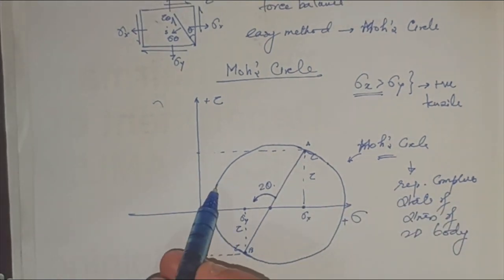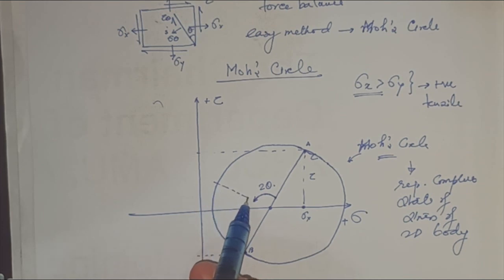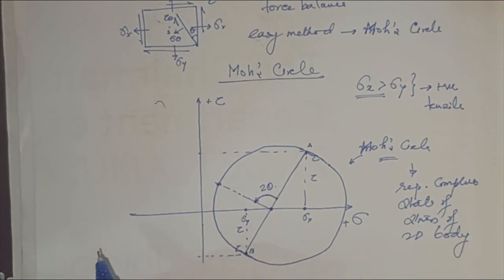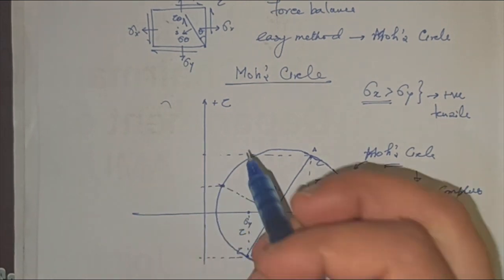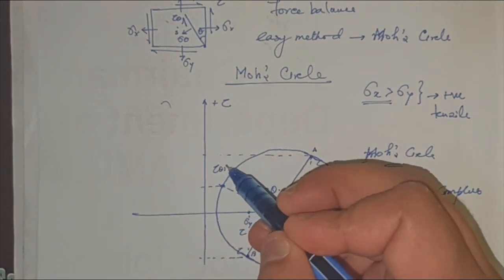The value corresponding to this point will be your tau theta and your sigma theta.